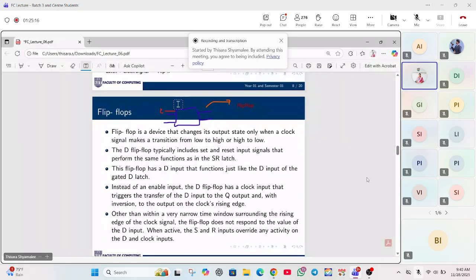This is the SR latch; if we add the clock signal to that SR latch, it becomes a flip-flop.